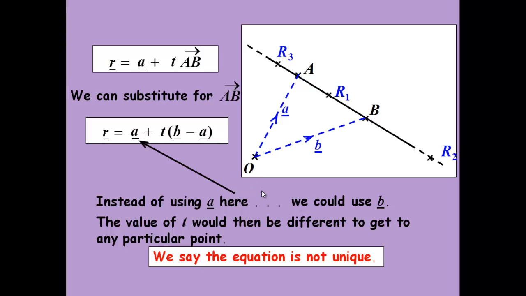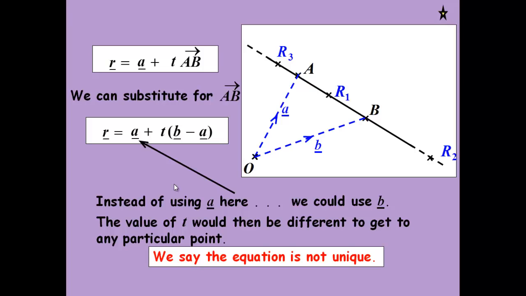So it does change the equation a bit, but it's still in the form of a point on the line here plus a parameter times direction vector on the line.